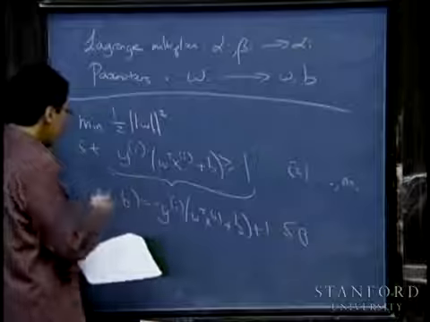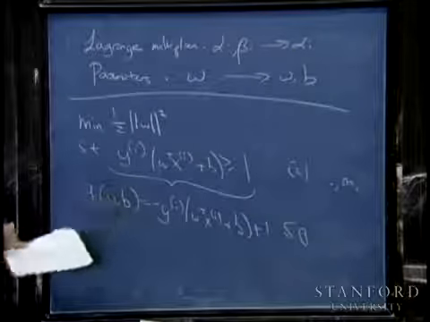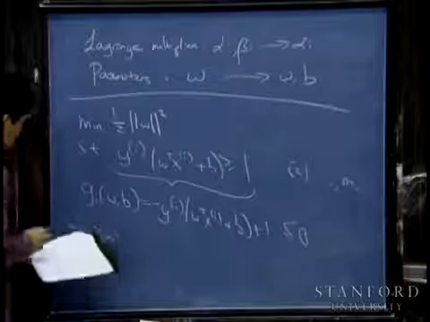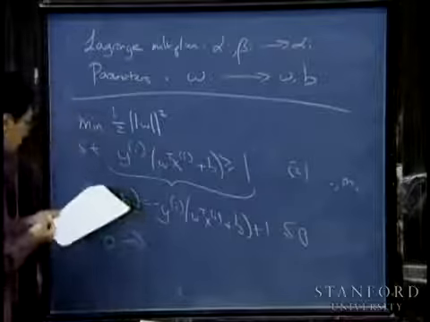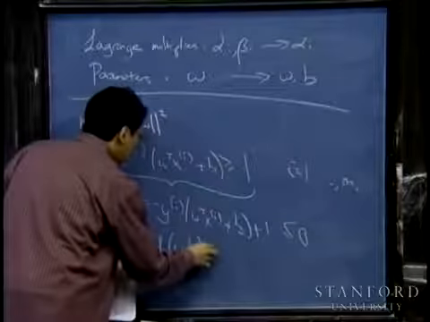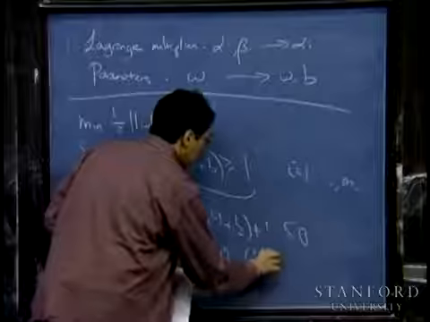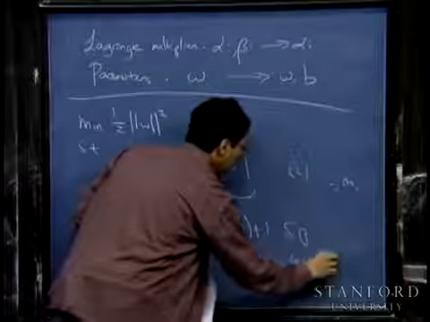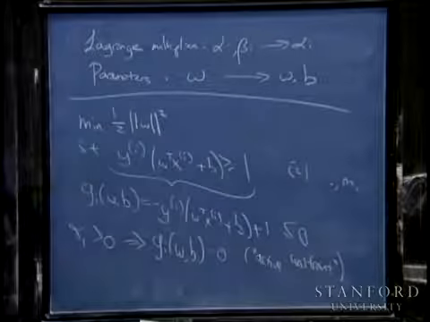Let's look at the implications of this in terms of the KKT dual complementarity condition again. We have that if alpha i is greater than 0, that necessarily implies gi of w comma b is equal to 0. In other words, this is an active constraint. What does this mean?